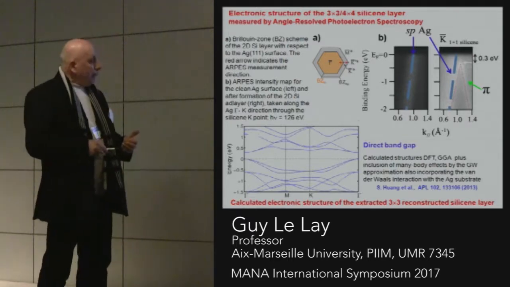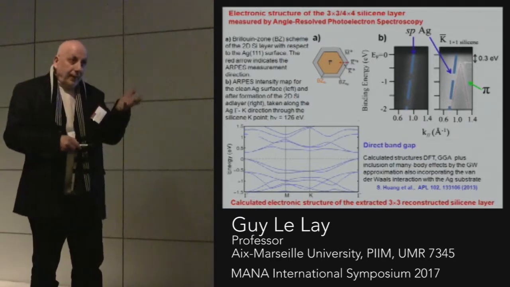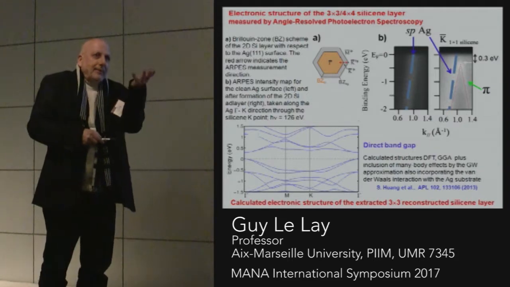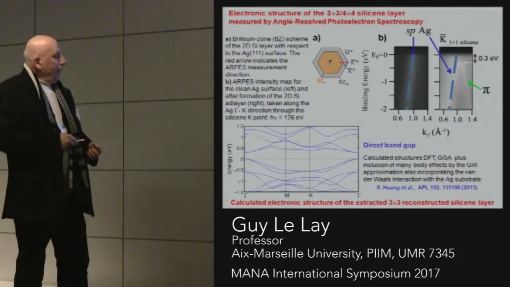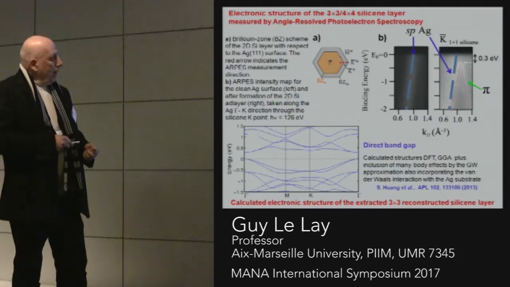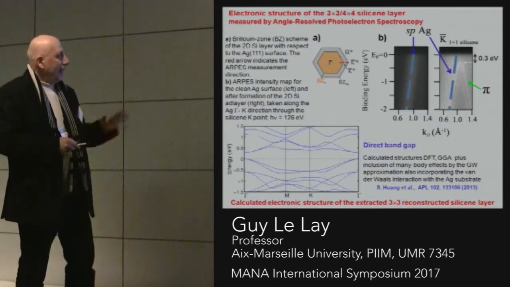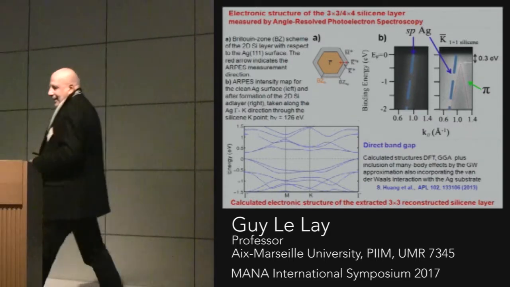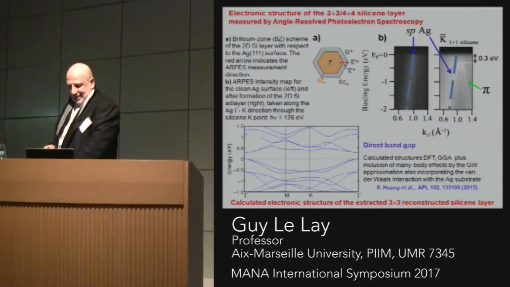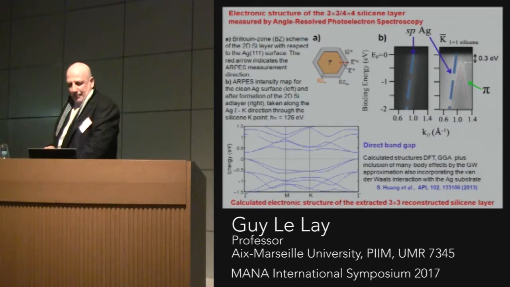Indeed, from calculation, for freestanding, if you extract this silicene reconstructed layer, it should be a direct gap with something like 0.2, maybe here it should be 0.6. It's slightly different, but quite okay.